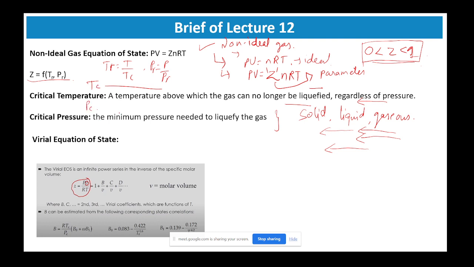Now for non-ideal gas calculations, you use this equation. Usually this is the general form of equation. Now there will be some correlations by which you calculate the value of compressibility factor. This parameter is known as compressibility factor.